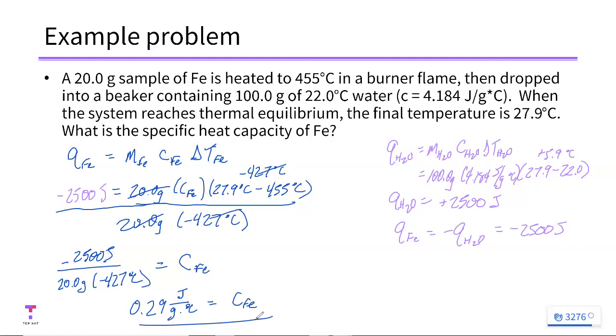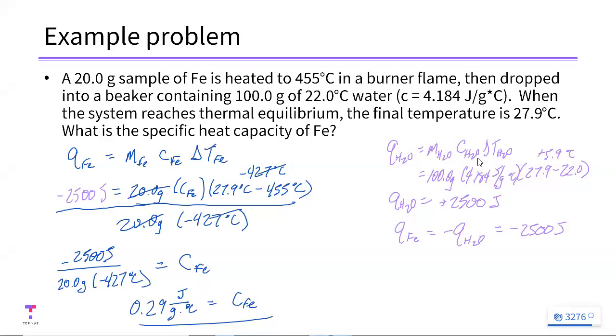So this kind of problem can be a little bit daunting because there's a lot of information being thrown at you all at the same time. What's important to realize is that what we're talking about here are basically two separate processes. One process of heating and another process of cooling.